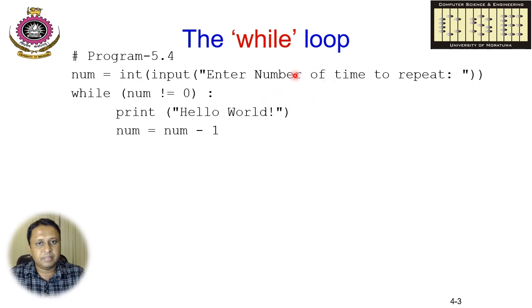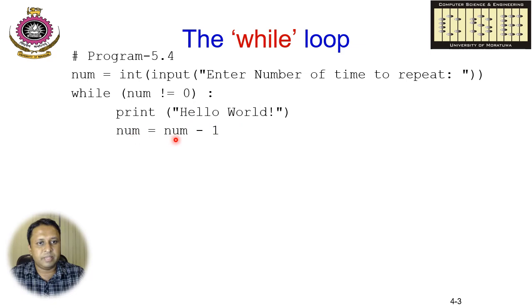So what happens if we enter a number? Let's say we enter number 2. It will start from number 2, and at the starting point the number is not equal to 0. Obviously it will go into the body of the loop and print hello world. And what happens in the next line?